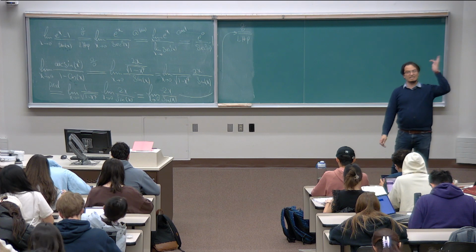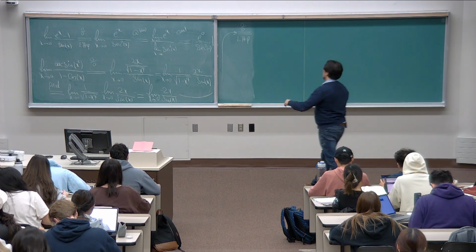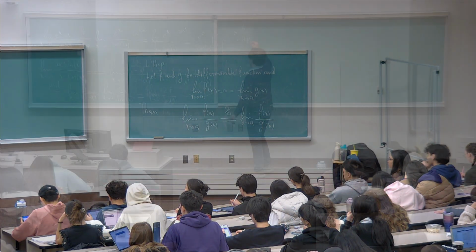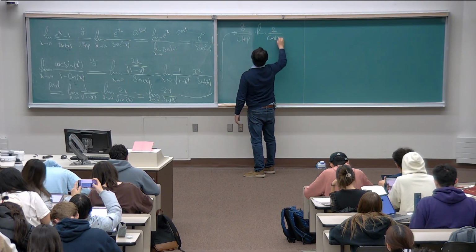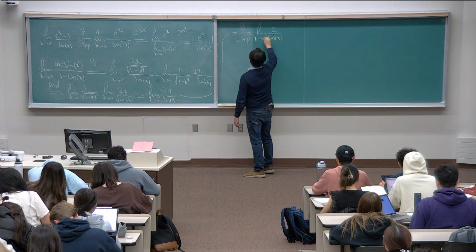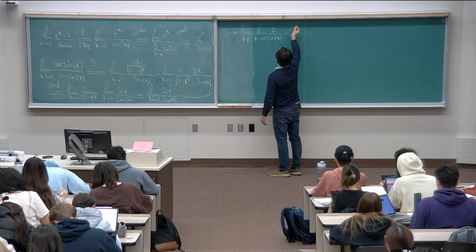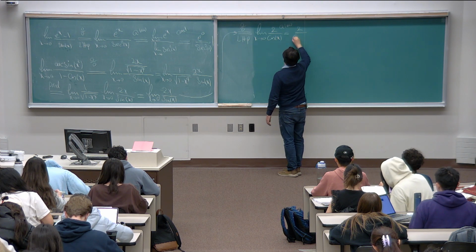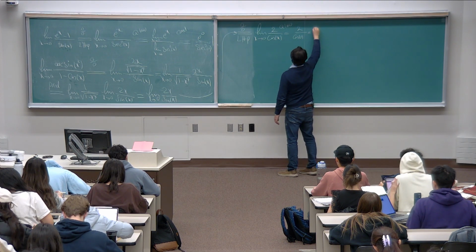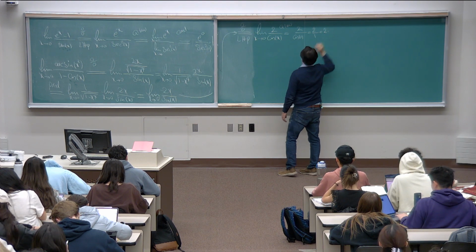I see it is 0 over 0. Now I'm allowed to use L'Hopital and get this thing to 2 over cosine x as x goes to 0. And that is quotient law, 2 over cosine 0. That's 2 over 1, and that is 2.